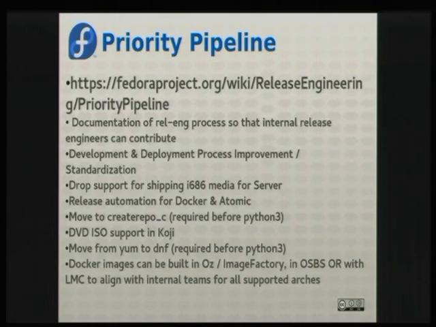We're trying to develop standardized processes for everything, pretty much, to make things clearer, easier, and enable people internally. But in my ideal world, when Red Hat wants to hire a new release engineer, they come and say, hey, Fedora, who in the community has been doing really cool stuff and helping you do release engineering?